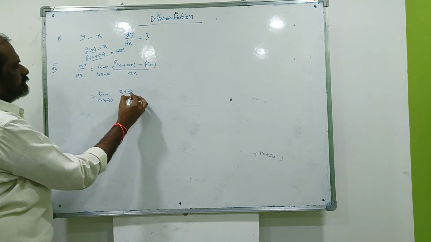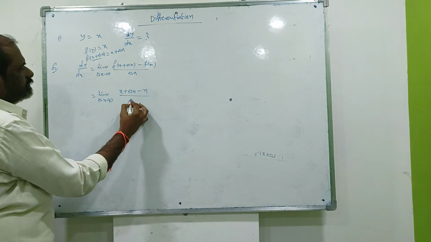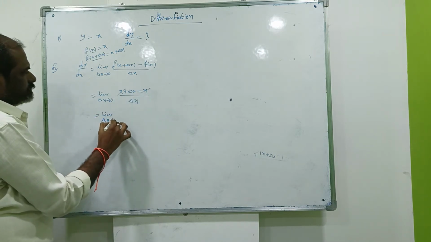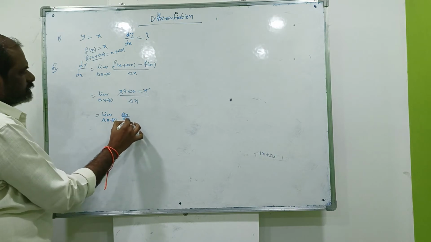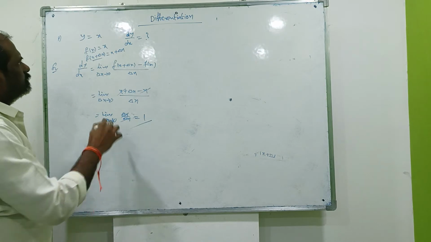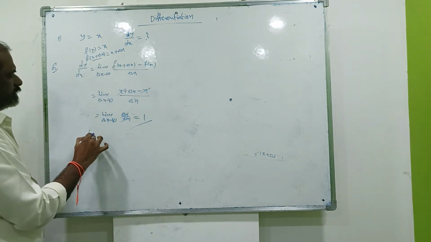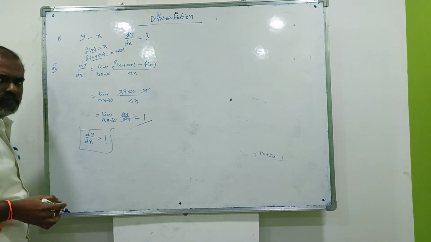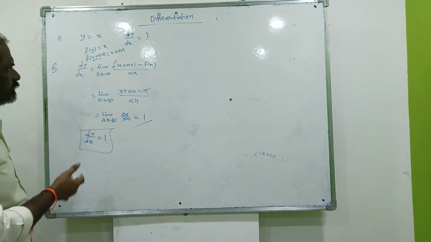So x plus delta x minus x by delta x, x minus x cancel. So limit delta x tends to 0, we get delta x by delta x, which is 1. Cancel, we get the value 1. So y equal to x, dy by dx equal to 1. How do we get this 1? By using the first principle of differentiation.